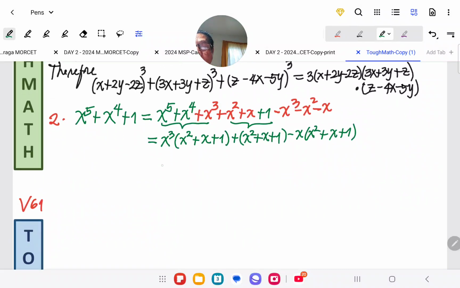And so therefore we have (x^2 + x + 1) times (x^3 + 1 - x).